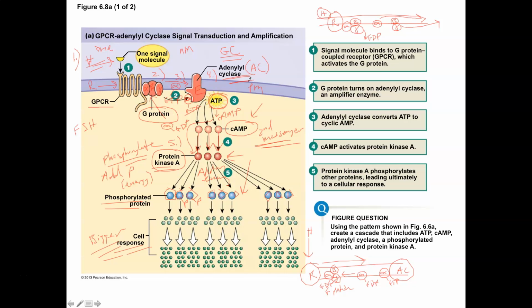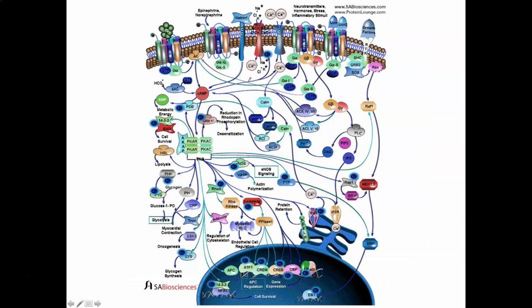What's also interesting is there are clinical applications to this as well. Before we take a look at that, I want to show you just a more complex diagram. This can be overwhelming at times, but what this diagram is showing you is that you have plasma membrane with lots of different types of receptors and lots of different chemicals that can interact.